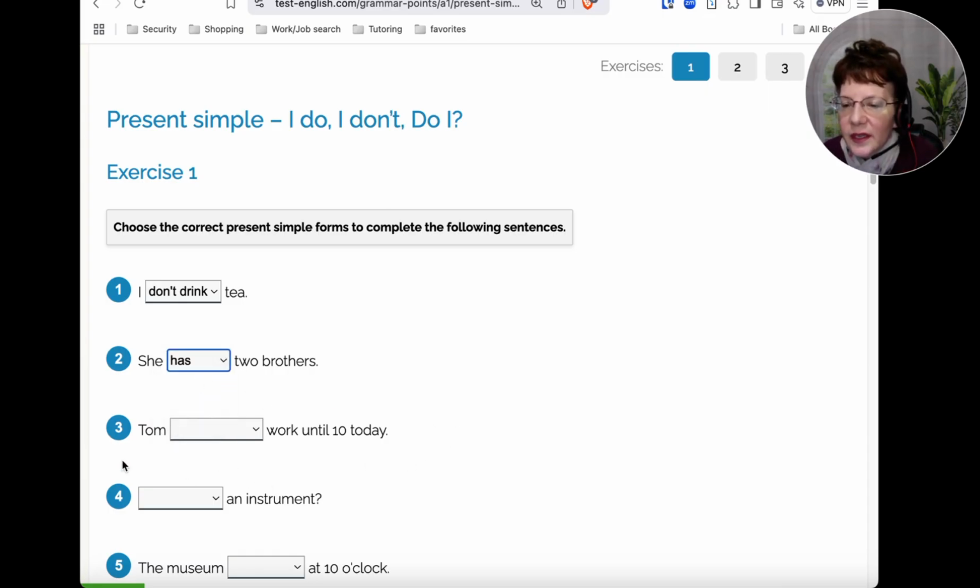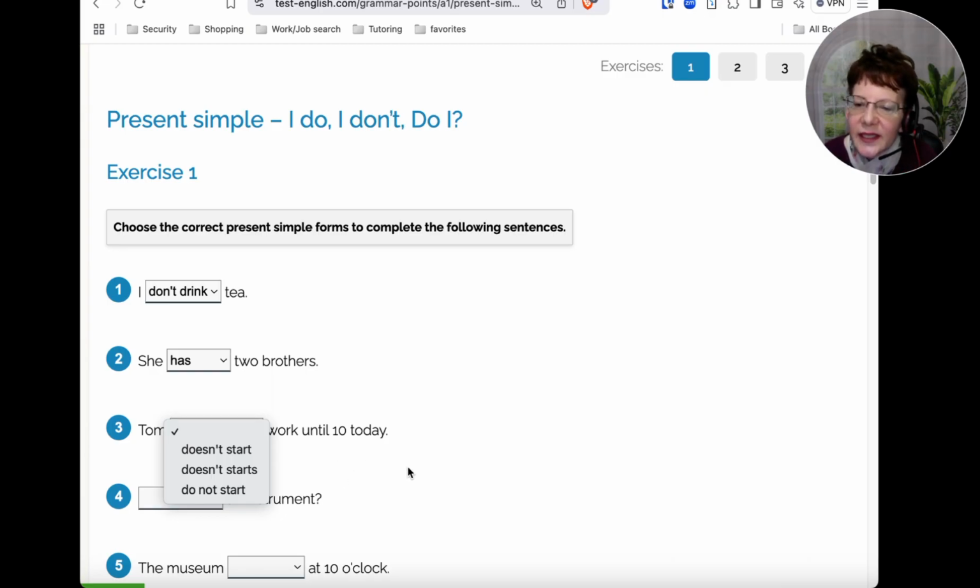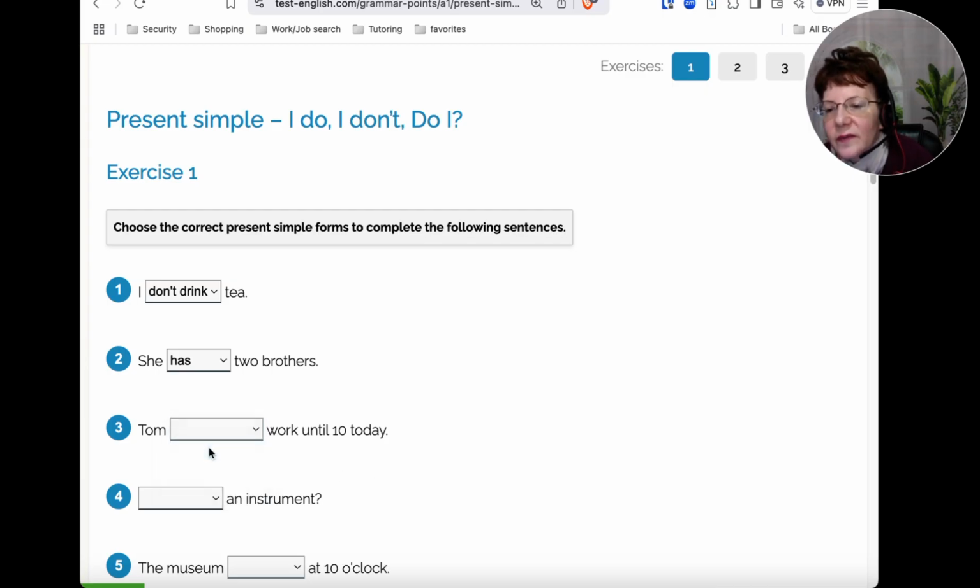So three, Tom work until 10 today. So doesn't start, doesn't starts, or do not start, which looks correct. All right, for third person, we know it's does, right? But it's negative. So if you chose doesn't start, the first one, that would be correct.